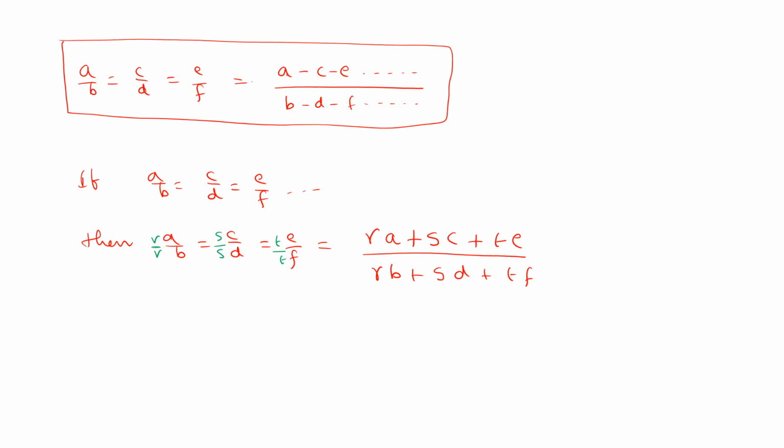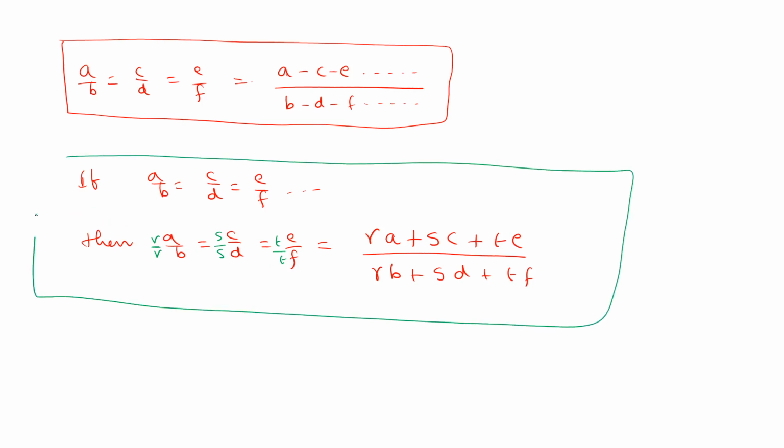Then according to the previous properties which we have just seen, RA plus SC plus TE upon RB plus SD plus TF is also equal to the given three ratios. This is also a very important result which is going to be used in the coming videos to solve some questions.